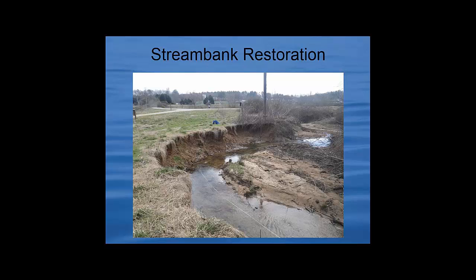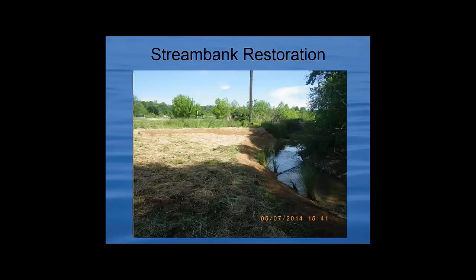So we were able to, again, with some grant funding and also some work from city staff, use a natural channel design from the North Carolina State University Bio and Ag Engineering program, Jason Zink and Greg Jennings in particular.